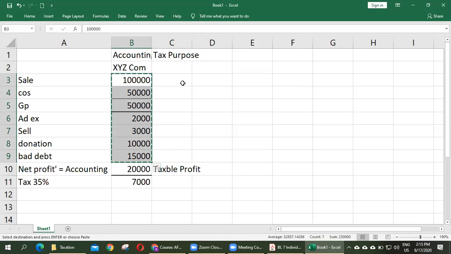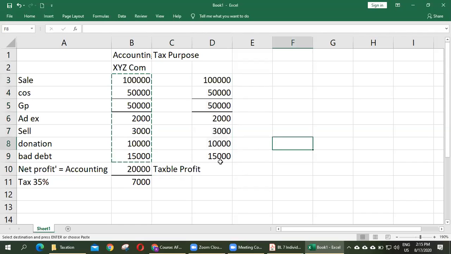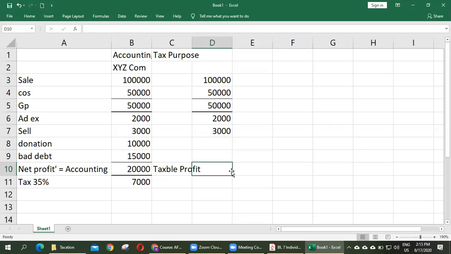According to the provisions of the Inland Revenue Act, donation is not a deductible expenditure and bad debt is not a deductible expenditure. Admin expenses and selling expenses are deductible. Then how much is the taxable profit? 100,000 minus 50,000 minus 2,000 minus 3,000, then 45,000.